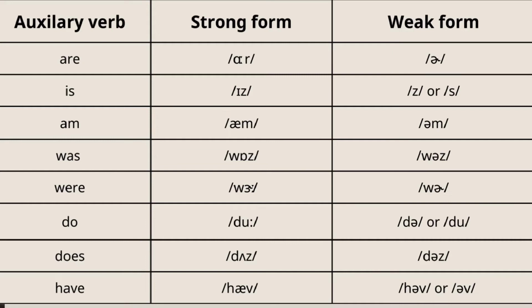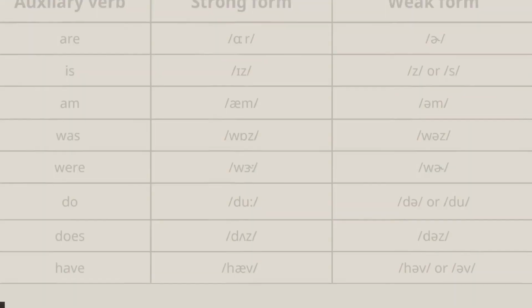Do for strong form and do or d for weak form. Does for strong form and does for weak form. Have for strong form and have or of for weak form.